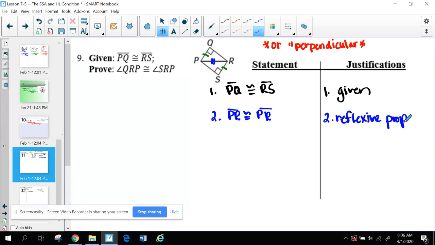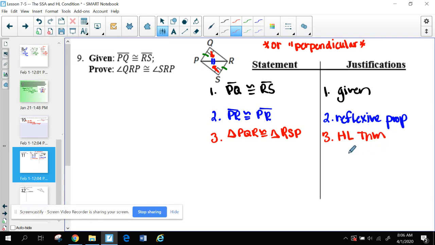Once we have the reflexive property, we do then have the side opposite the angle given, which is our hypotenuse. So now I can say that the triangles are congruent. You can say triangle PQR is congruent to triangle RSP. We can use our new HL theorem.